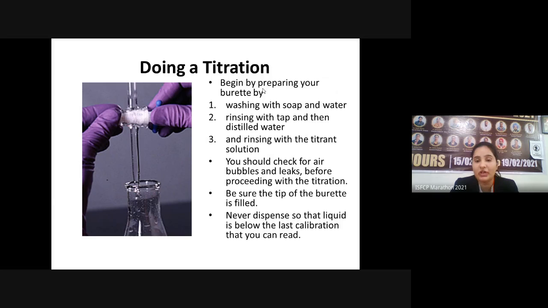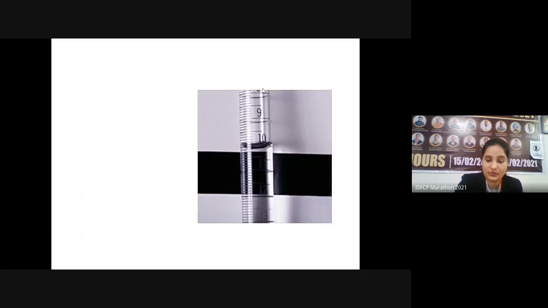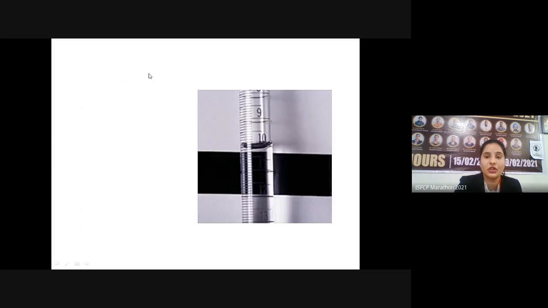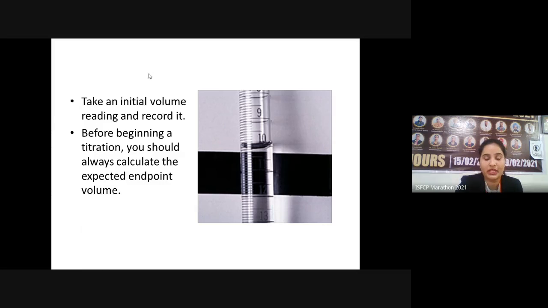We should not have the solution beyond the point where there is no calibration. While taking the reading, the meniscus should be taken into account.